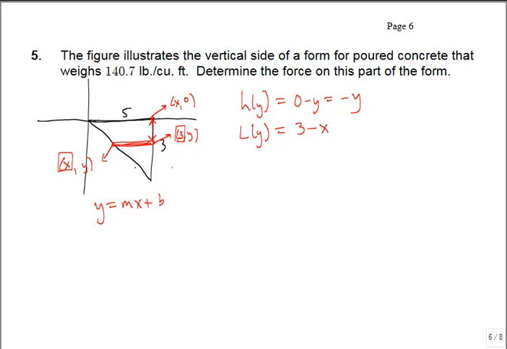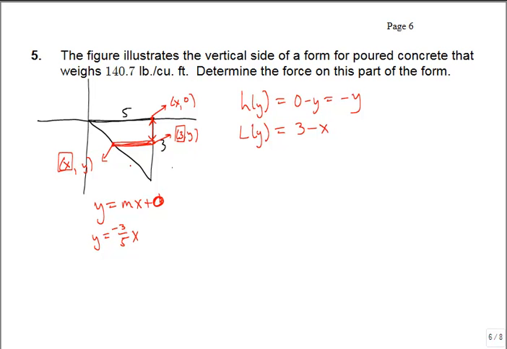This line goes right through the origin by the way that I centered my triangle. So the b here is 0. The slope, I go right 5, down 3. So my slope, when I do rise over run, it's actually going to be down 3, right 5. So my slope is going to be negative 3 over 5 times x plus 0.